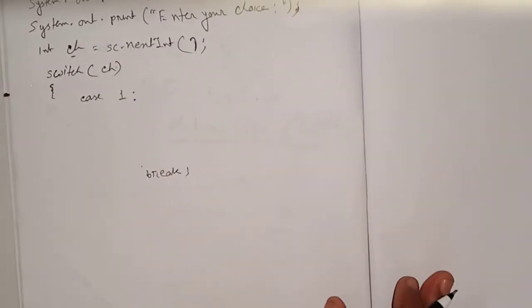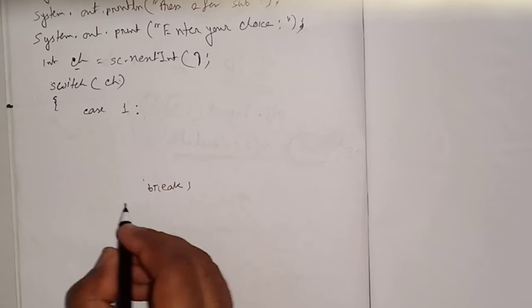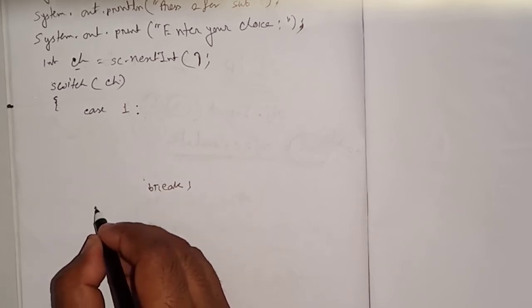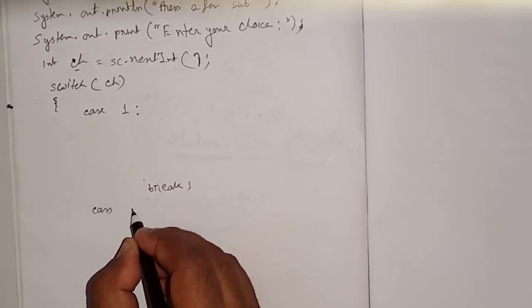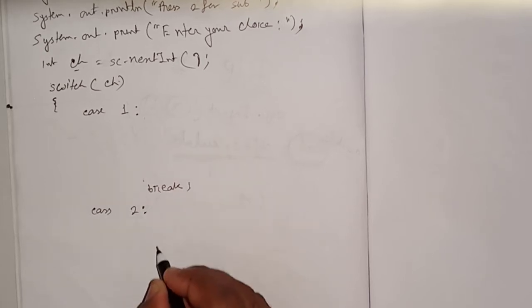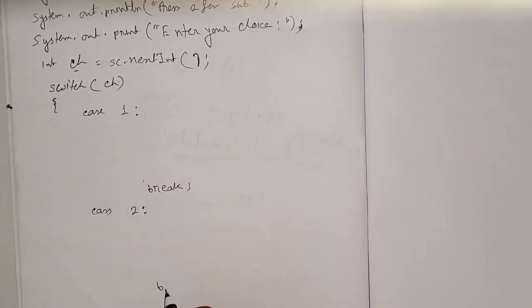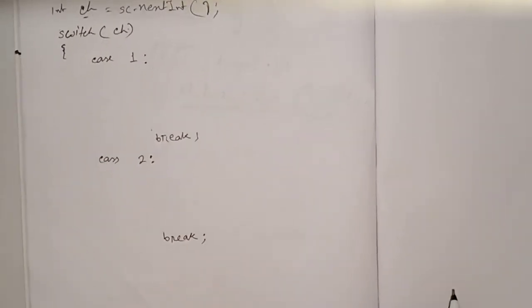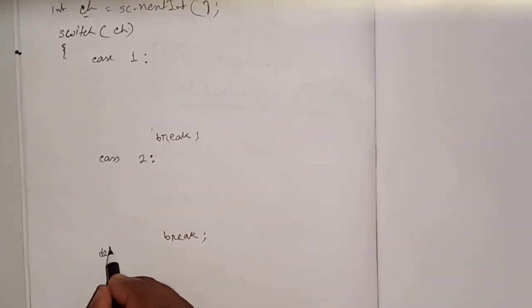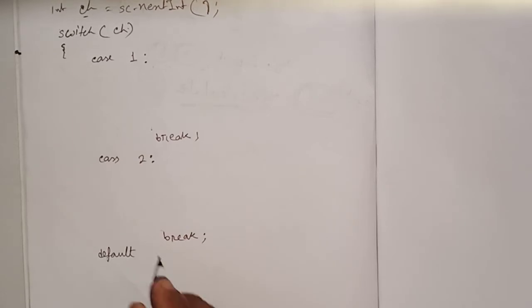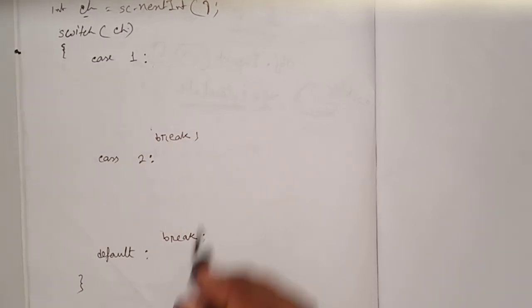Now what is the meaning of break? I'm writing the second case, then I'll explain. Case 2, your work, then break. Then another one is default. Then the switch closes.